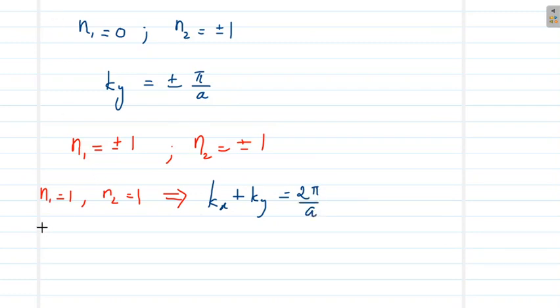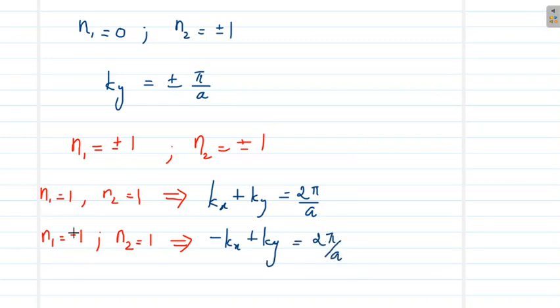Then there is the next condition, N1 equal to minus 1, N2 equal to plus 1, and this condition will yield us minus kx plus ky equal to 2 pi by a. Similarly, choose the next combination, N1 equal to 1, N2 equal to minus 1, will yield kx minus ky equal to 2 pi by a, and choosing both values as negative, we will obtain minus kx minus ky equal to 2 pi by a.